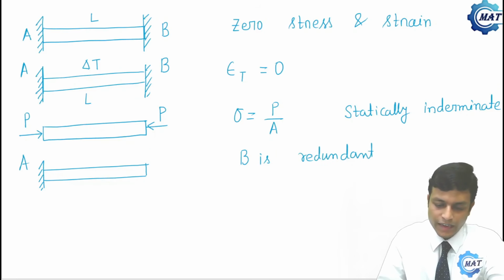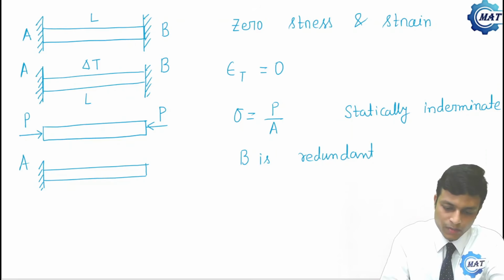If support B is redundant, then what happens? This bar will elongate.